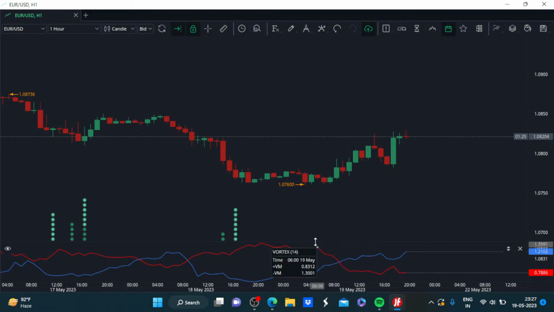So here we saw that when things were sideways for the EUR/USD, the convergence started for these VM minus and VM plus lines. So this can also be taken as a marker that things are changing for the underlying instrument, and we might even go for profit booking. That kind of possibility can also be considered.